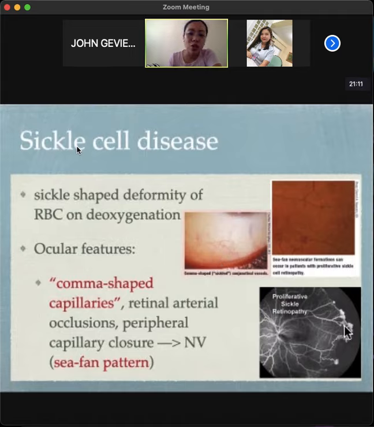Or on the retina, you would typically see what we call the sea fan pattern of neovascularization. So there are areas here that are unvascularized, or there is extensive capillary dropout on this side of the peripheral retina. So these are sea fan patterns of neovascularization. For treatment, we do laser here, aside from addressing the sickle cell disease.